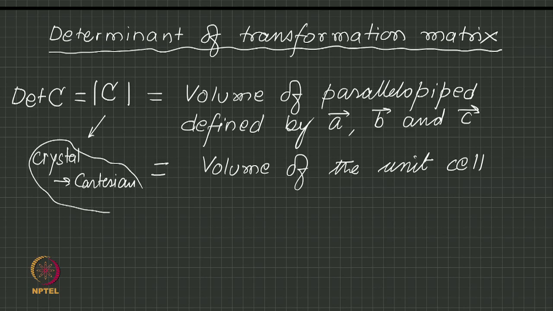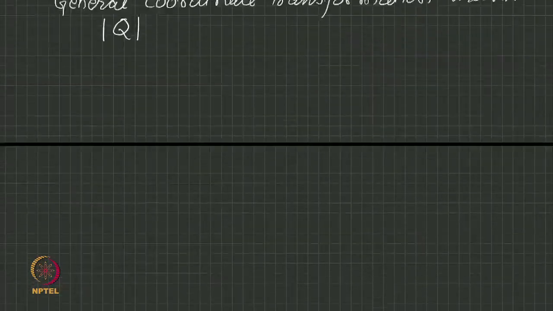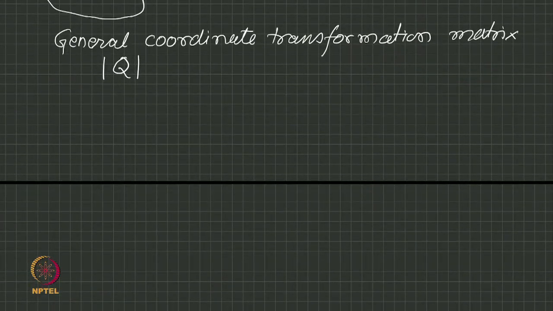What will happen to the determinant of a general matrix Q, from one crystal coordinate system to another crystal coordinate system? A volume fraction, a scaling factor.